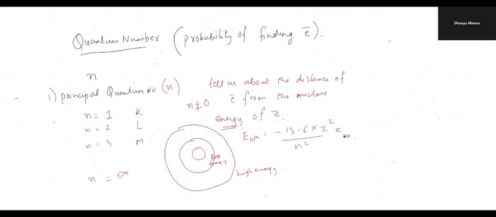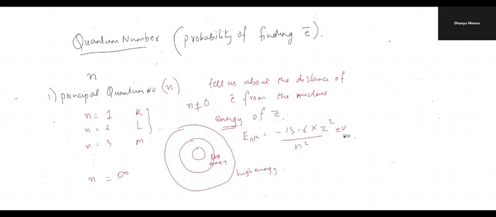We already learned about it, right? So this principal quantum number tells us about the distance of the electron from the nucleus and also the energy of the electron. So these are the n values and they represent the different shells.